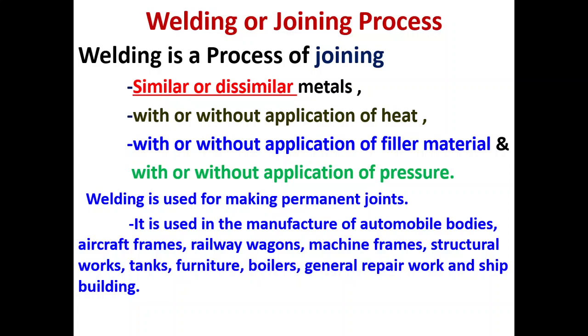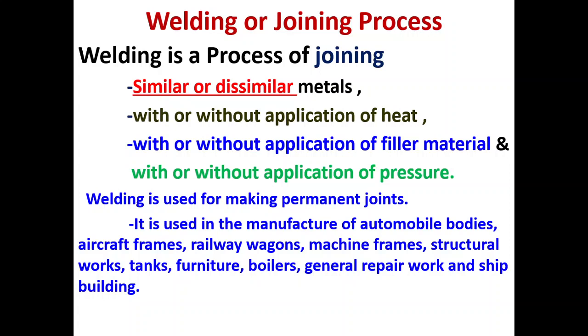So let us see the advantages of welding. So welding produces a permanent joint. Next, a welded joint can become stronger than parent materials if filler metal is used and it has superior properties. Okay. Next, in terms of use of material and fabrication cost, welding is the most economical way of joining metals.